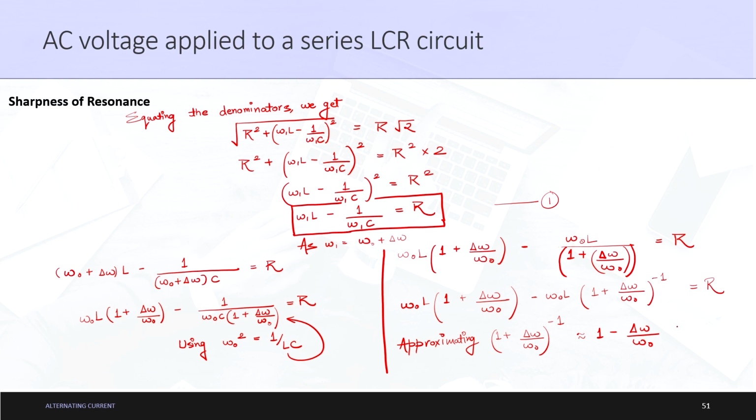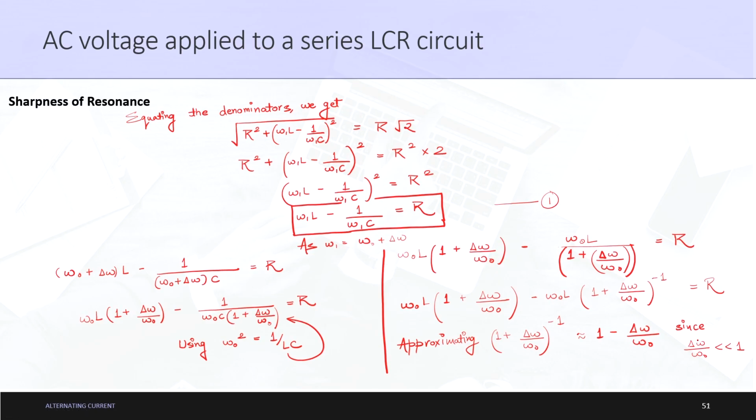Okay. Why is it happening? Since delta omega by omega naught is very much less than 1, we are neglecting all the higher order terms. Okay. So, the approximation is already done.